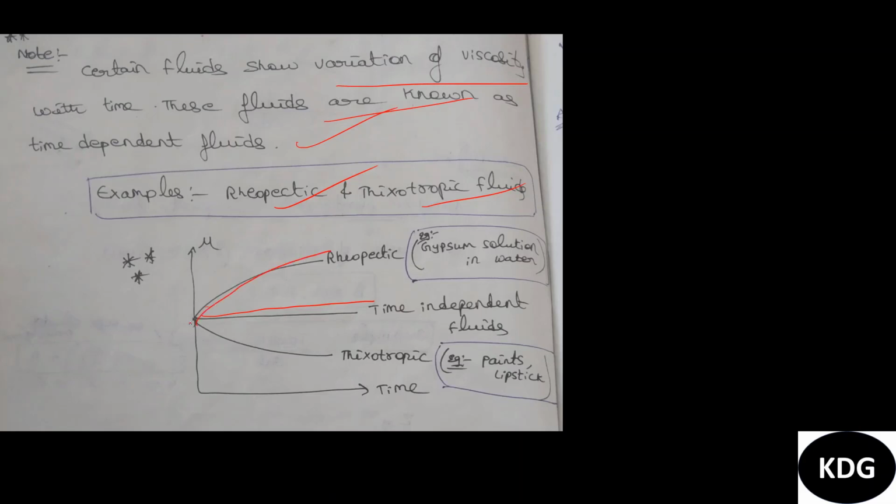Thixotropic fluids decrease in shear viscosity with time, while rheopectic fluids increase with time. Examples are gypsum solution in water for rheopectic, and paints and lipstick for thixotropic. So this is about the viscosity topics for today.